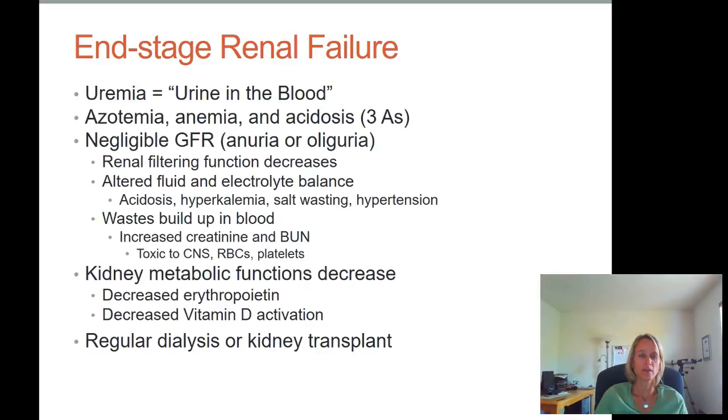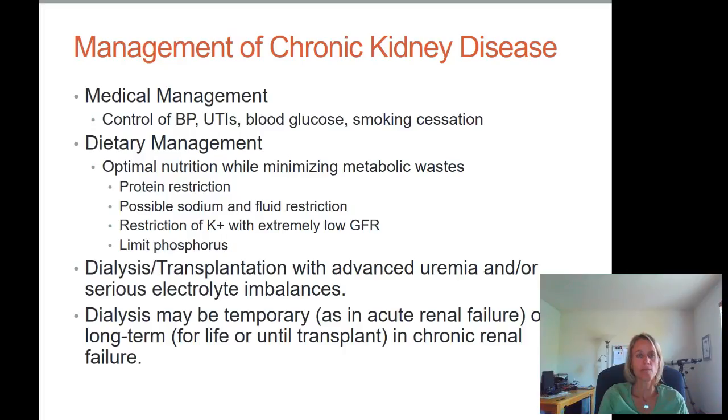Waste buildup in the blood. We have increased creatinine and BUN. And this can be toxic to the central nervous system and to red blood cells and platelets. Kidney metabolic functions decrease, so we see decreased erythropoietin and decreased vitamin D activation. And at this point, we need to be on regular dialysis or have a kidney transplant.